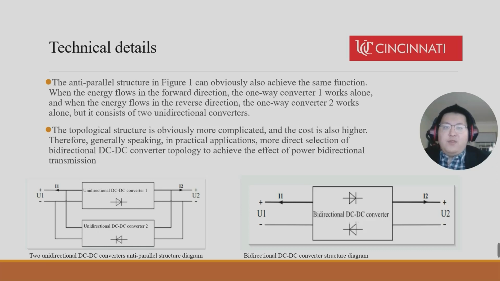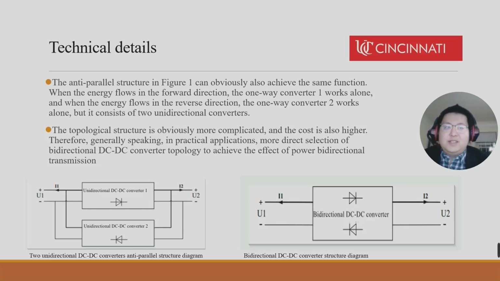The anti-parallel structure in Figure 1 can obviously also achieve the same function. When the energy flows in the forward direction, one-way converter 1 works alone, and when the energy flows in the reverse direction, one-way converter 2 works alone.